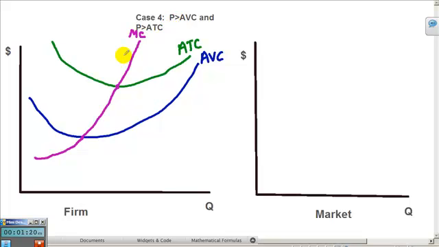So we want the intersection between the price line, the marginal revenue line, and marginal cost to be above this low point on the average total cost. So maybe we'll say right about here, and I'll come across and have the intersection be right around there. This line, when I bring it across, is going to intersect those letters, I guess. But worse things have happened.